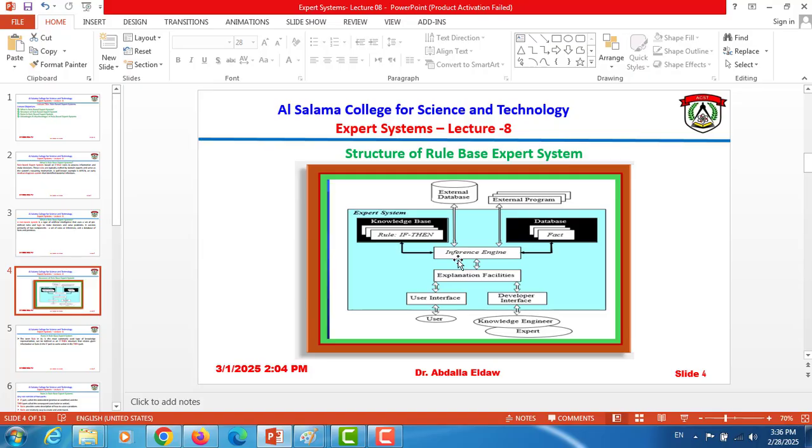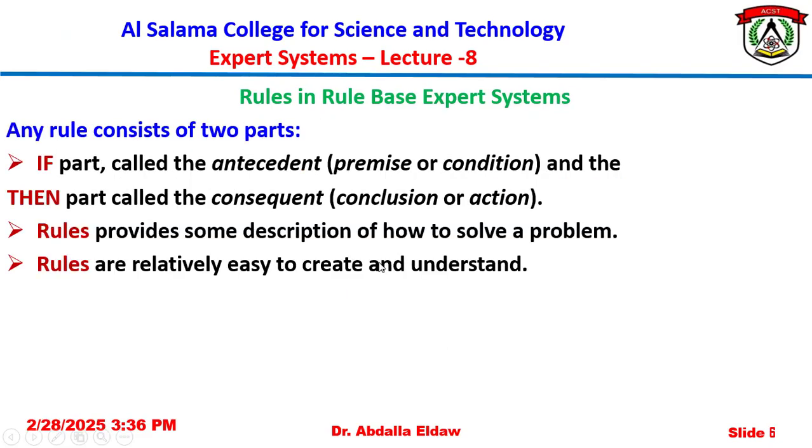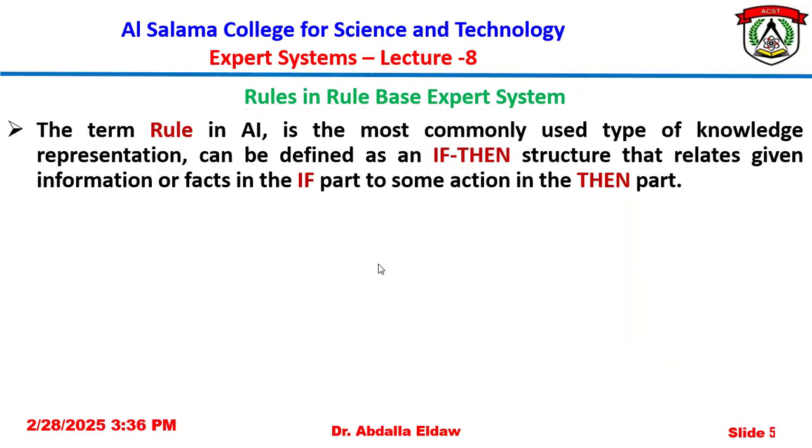This is, as I said, the structure of the expert system, and as I said, it is similar to the rule base, to the knowledge base expert system and to shell expert systems. Rules in rule-based expert systems. The term rule in AI is the most commonly used type of knowledge representation, and can be defined as an if-then.